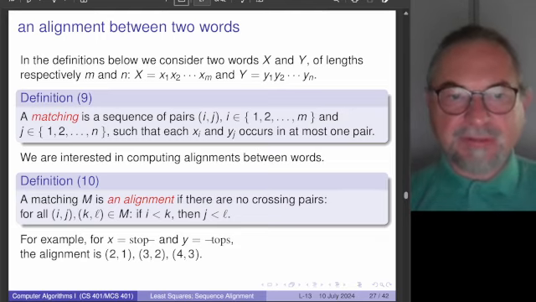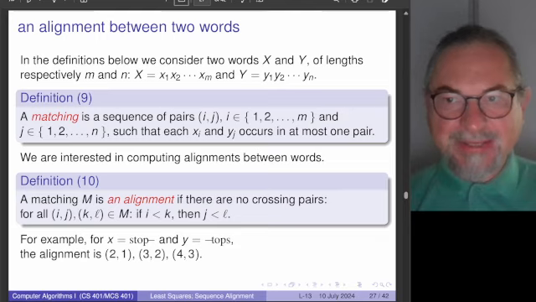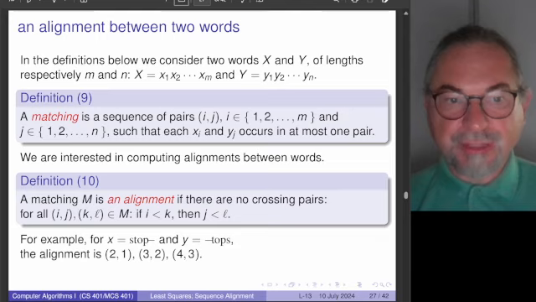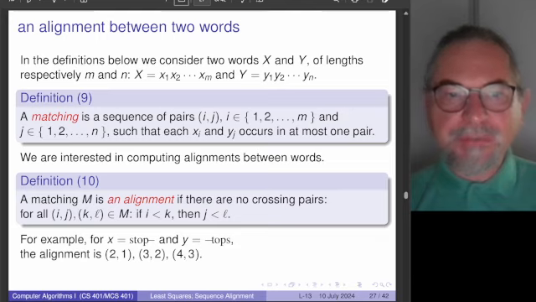Then the T, which appears at the second position in the first word, matches the one in the second word. The O appears at position 3 in the first word and position 2 in the second word. And likewise, the P appears at positions 4 and 3.